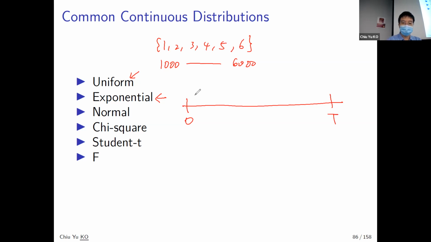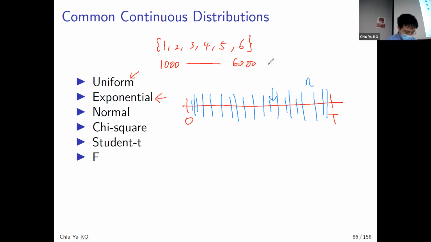And you try to cut this interval into very fine subintervals, right? And you cut into n different subintervals, very small, right? And each interval might have an event come out, right? Might have an event come out with probability p, right?